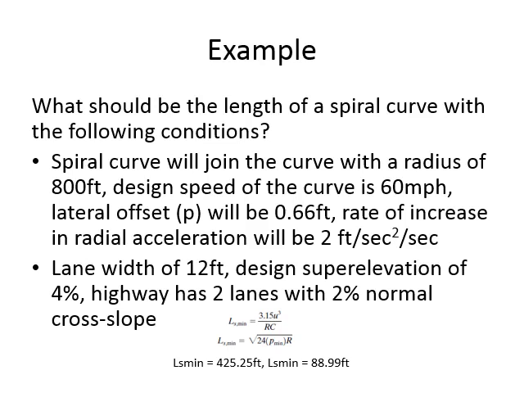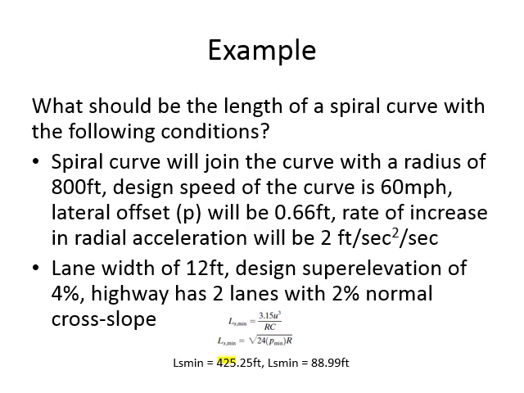So that is the value of c. Now for the length of the spiral curve, we have two equations here. For both equations we have the parameters. U is given, which is the speed, R the radius, c is given, and for this equation we need the lateral offset, so we have all these values.